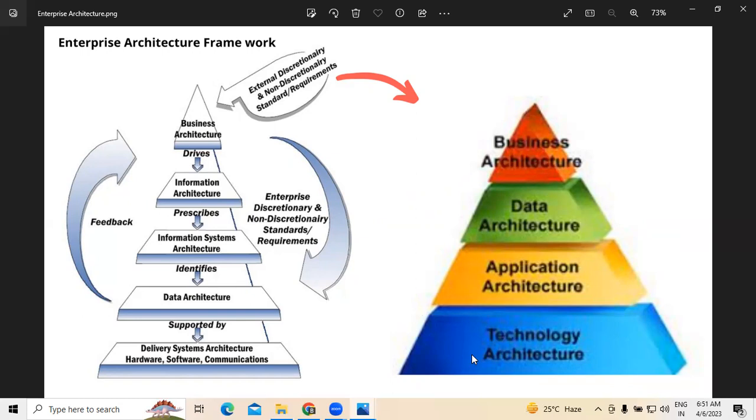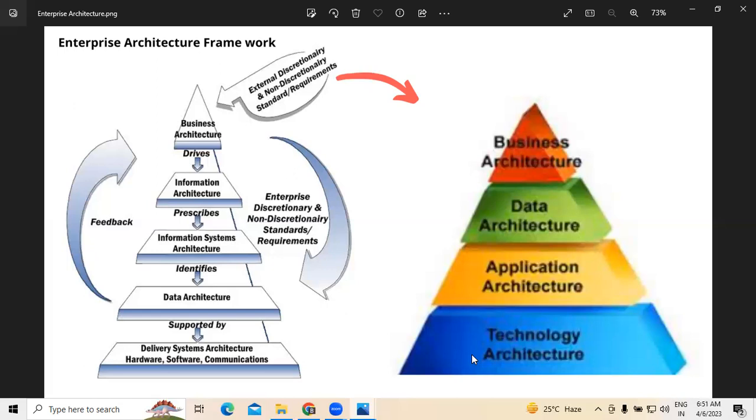So data architecture gives a clear understanding about the kind of data which is using within the organizations. How is this data they are storing? Where are they storing? For that, what kind of database designing they were doing, right? So what are the database systems they were using? All these things comes under data architecture.